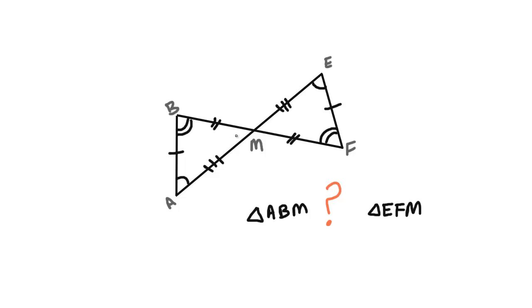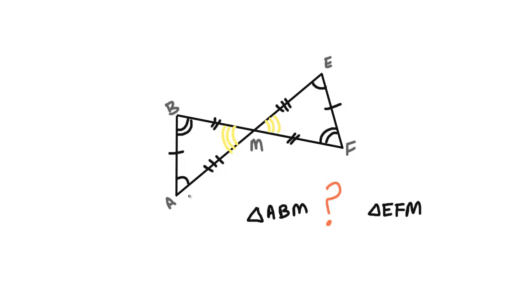Now, you might have noticed that these two angles, this one and this one here, are vertical angles. So therefore, you have enough information to verify that triangle ABM is actually congruent to triangle EFM.